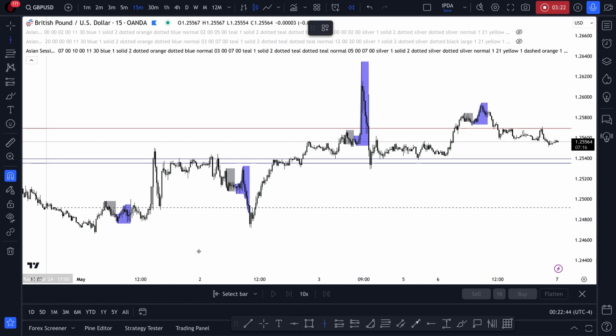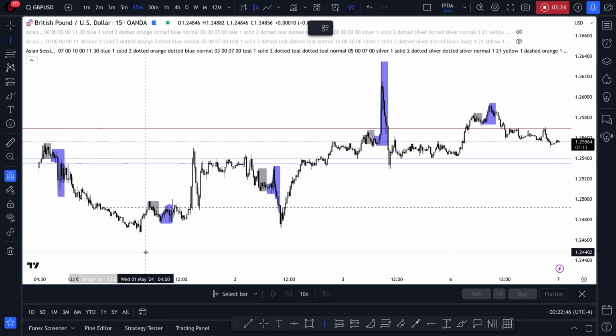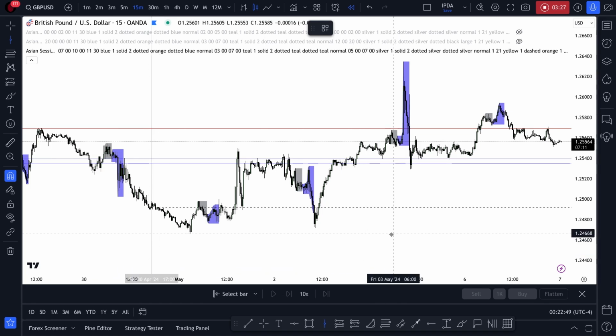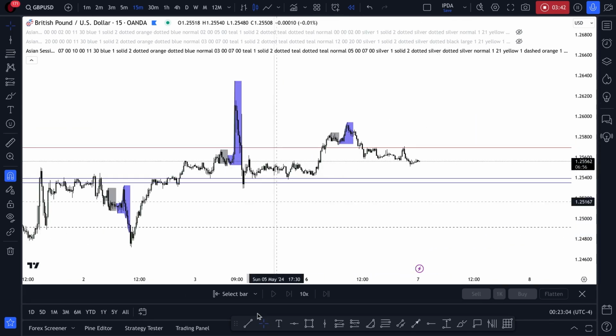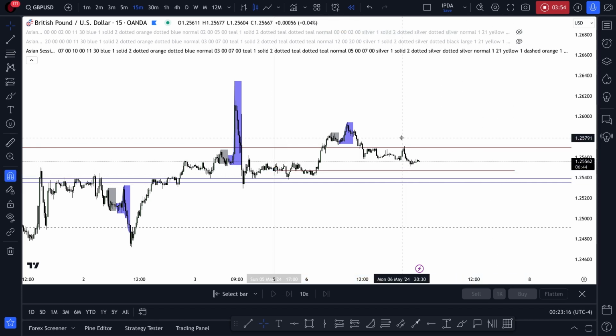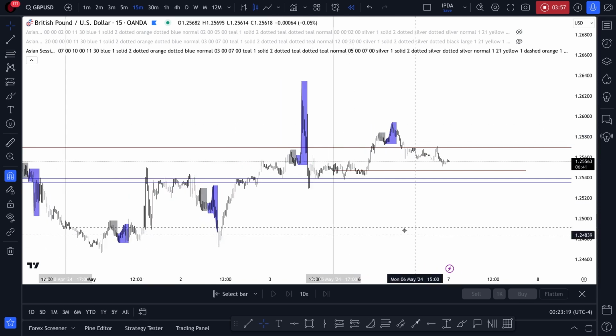We know Sunday's opening price, where we are, right here. Price is way above Sunday's opening price, as you can see with that red line that we have here. Since we're above it, we're in a premium for the week. We're in a premium for the month as well.